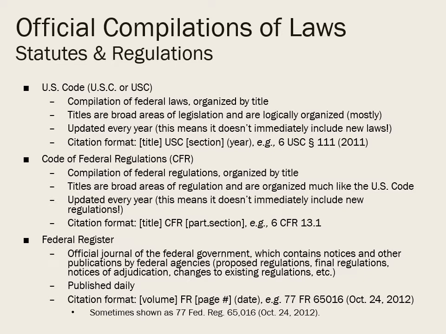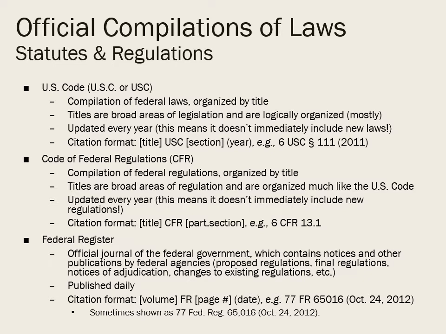So, for example, US Code Title 25 is Indians. It provides statutory authority for the US federal government to interact with Native American tribal governments. Title 33, Navigation and Navigable Waters, as we saw in part 1 of the lecture, contains the Clean Water Act. Title 43 is Public Lands. So you can actually go to the US Code and just browse all of the titles to see what they contain.